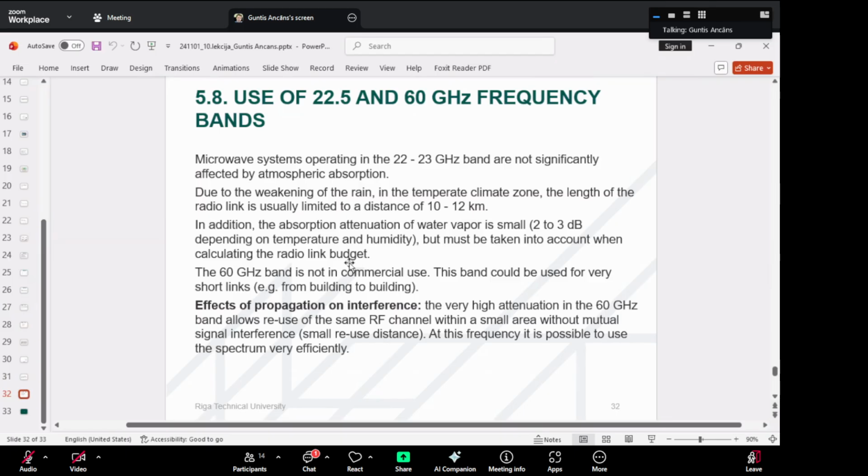The 60 gigahertz band is not in commercial use, and this band could be used for very short links, for example, from building to building. Very high attenuation in the 60 gigahertz band allows reuse of the same radio frequency channel within a small area without mutual signal interference.